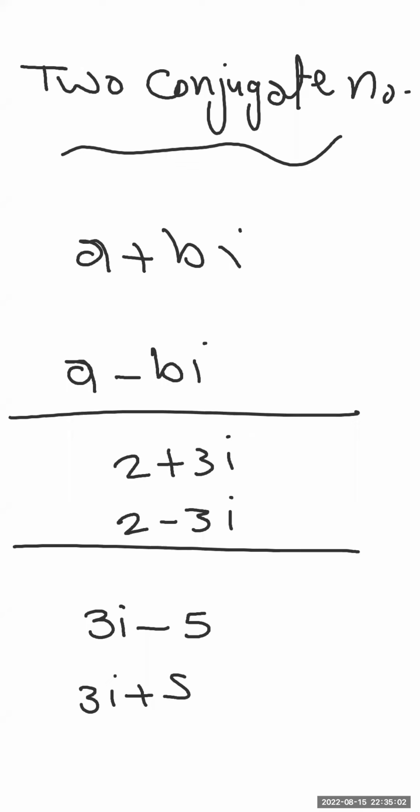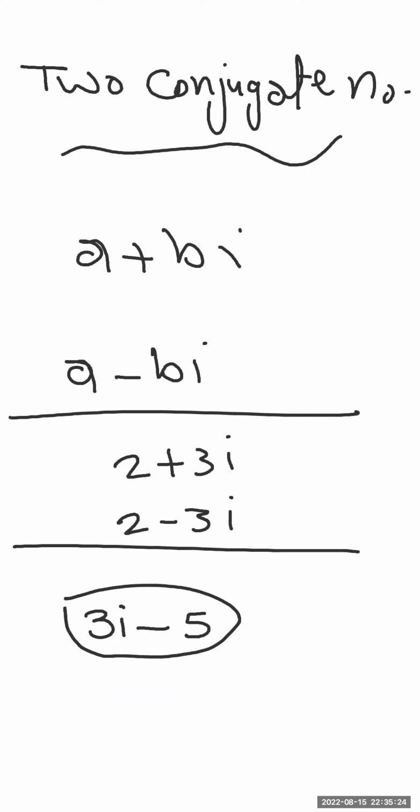No. We always change the imaginary part sign. So the conjugate for this number is negative 3i, and we keep the real negative 5.